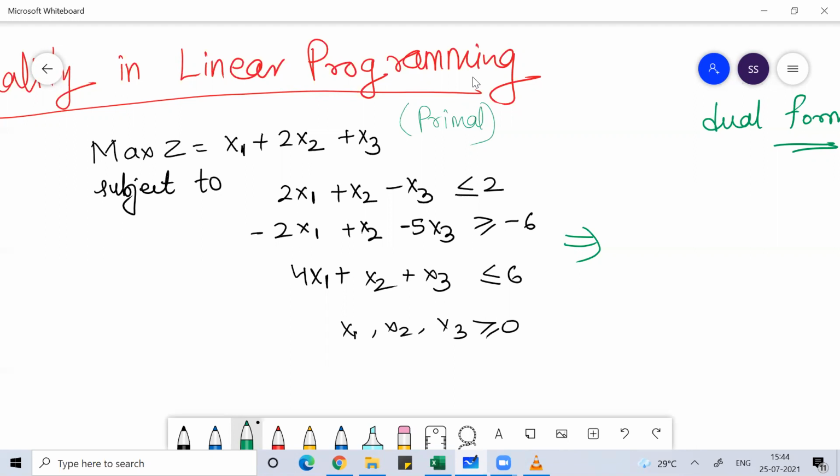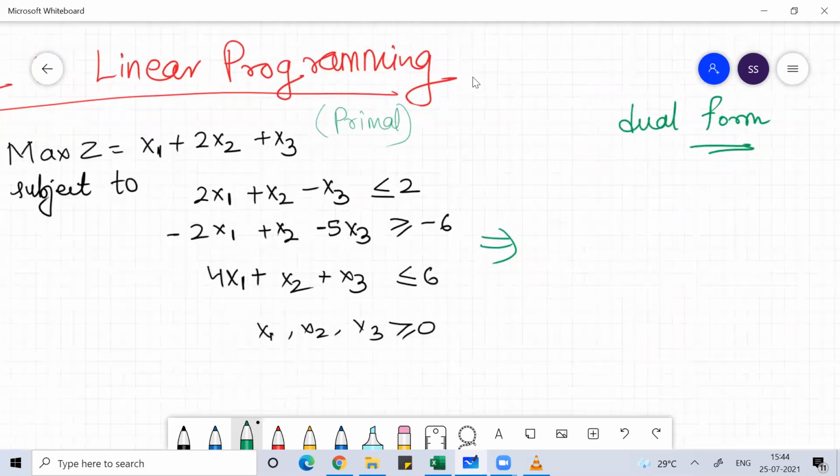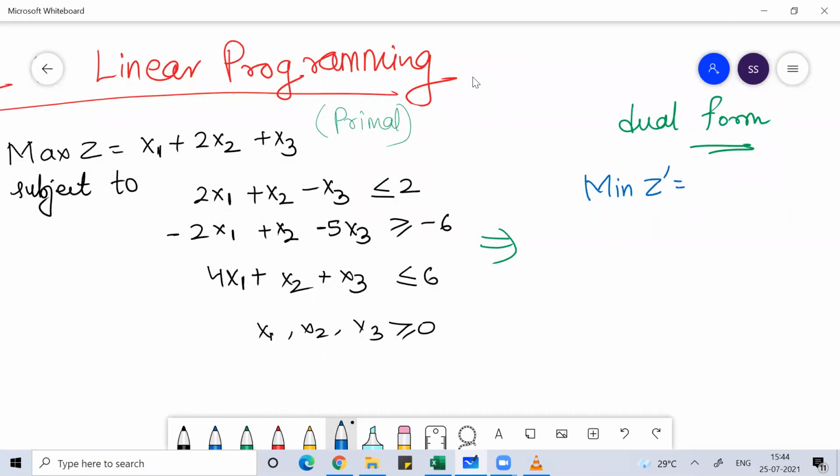What you can do in this situation is write the problem in its dual form. When you write it in dual form, the objective function which was maxima earlier will now become minima.